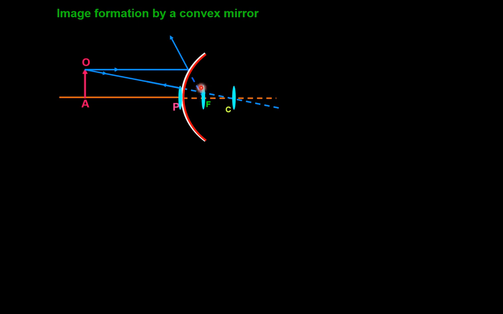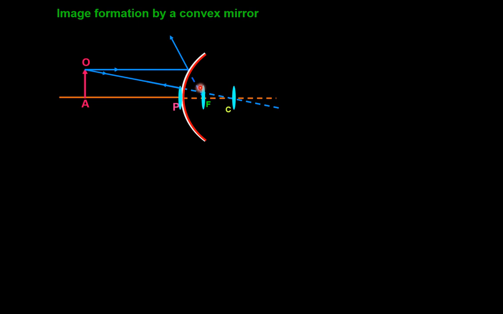But dear students, in our case these two light rays are not actually meeting, but they appear to be meeting. That's why we will say the type of image formation. Whenever light rays actually meet, they give rise to a real and inverted image.